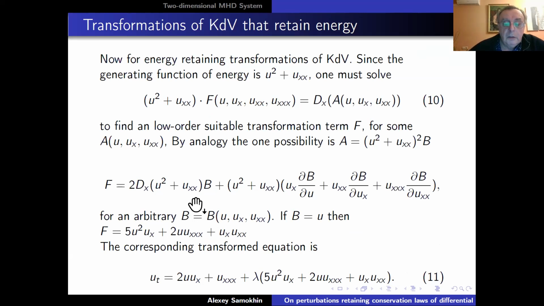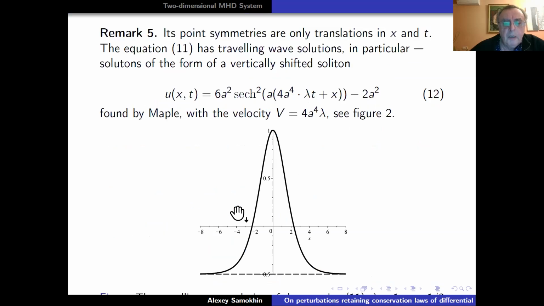It also has some interesting qualities, characteristics. Well, it has solitons. The traveling waves for this equation are well familiar. They are very much the same as for KdV itself, but they are shifted.